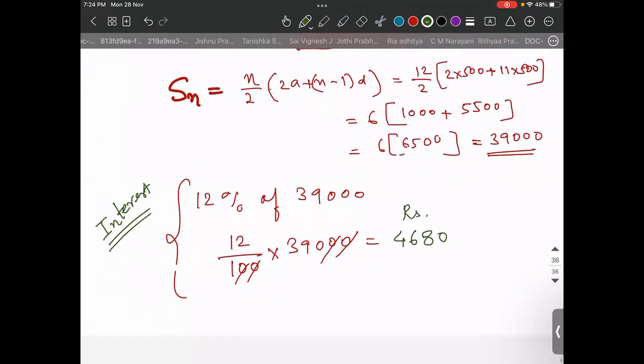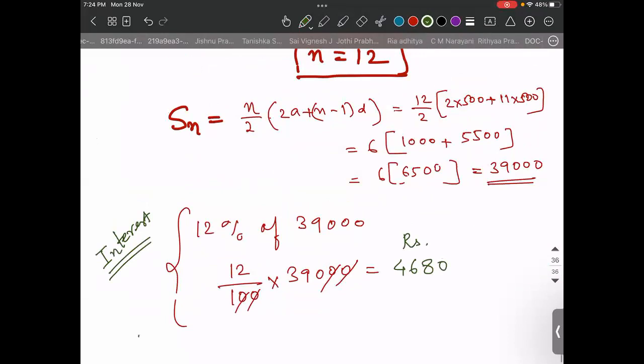So total, how much will he pay? Total cost. See, he already paid 12,000. Remember, total cost of tractor will be equal to 12,000 plus 4,680. 4,680 is just the interest.